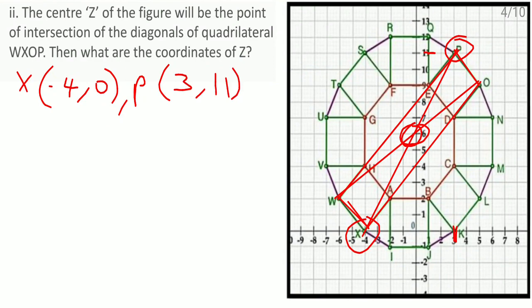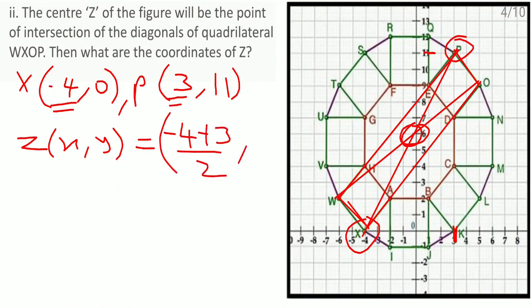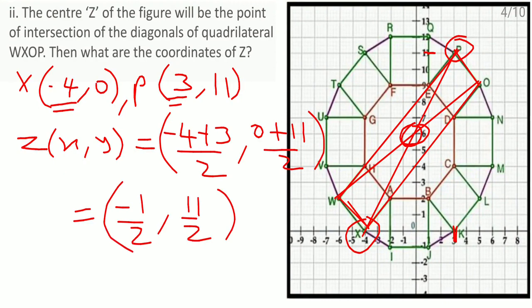These are the two coordinates. I just need to find the midpoint. Midpoint is (x1 plus x2) by 2, so (-4 plus 3) by 2, and (0 plus 11) by 2. Which comes as -1 by 2 and 11 by 2. So these are the coordinates of point Z.